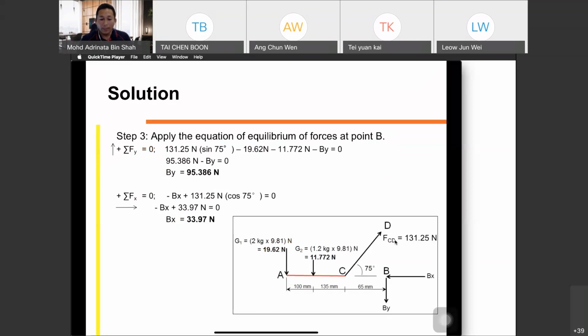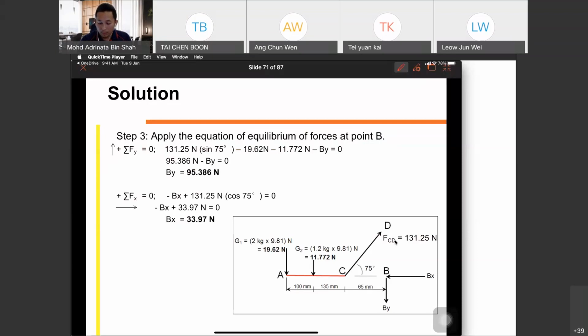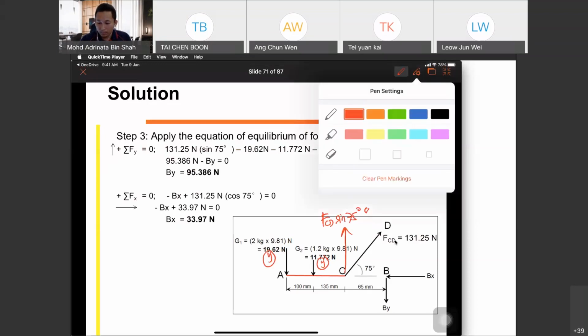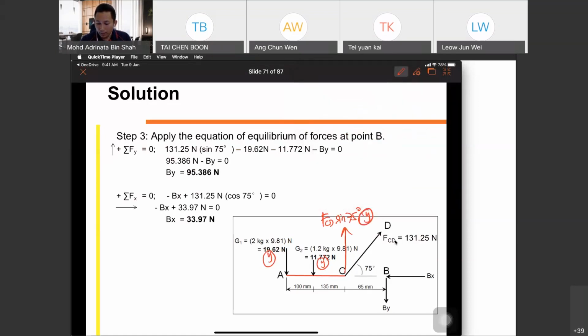Then for Fx and also Fy, for Fy, we have FCD sine 75 and BY.